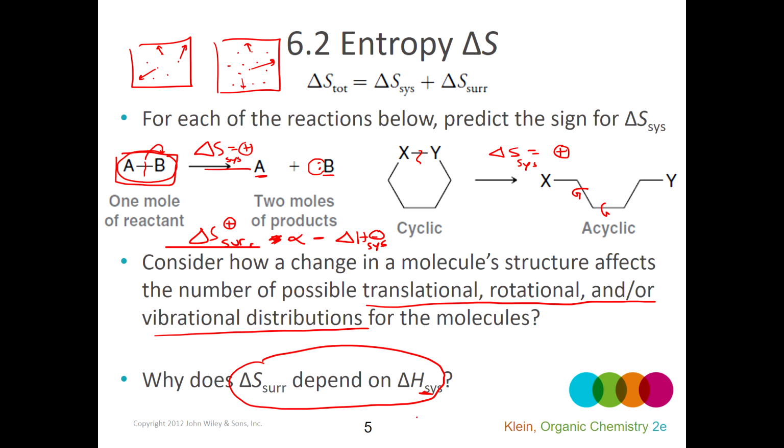So as we said, if delta H for the system goes down, because it's losing energy, the surroundings picks up that energy and converts it into kinetic energy, which causes more variety for the motion of the particles when there's more movement, and vice versa. So you want to be able to correlate those two with one another and recognize that they're shifting in opposite directions.